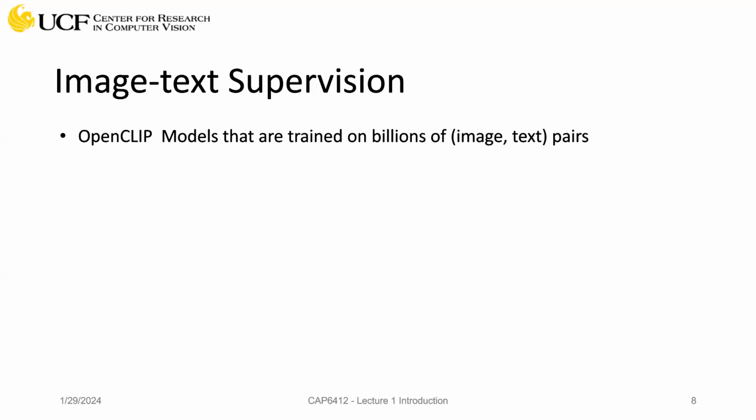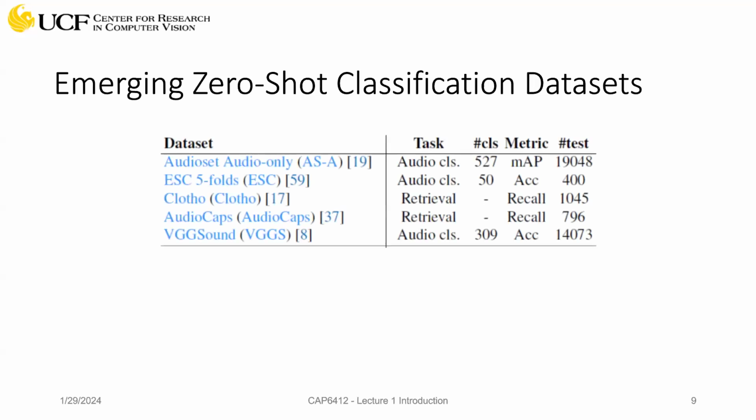So what they did is they took OpenCLIP. Now the OpenAI CLIP implementation is not public, okay? But people have implemented it, and one of these implementations is called OpenCLIP. These are trained on billions of image-text pairs, and they use the ViT-H image encoder with 630 million parameters and a text encoder with 302 million parameters.